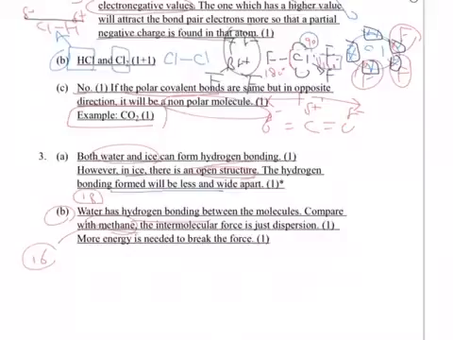However, the force types are totally different. Water has hydrogen bonds, but methane has just dispersion force. So more energy is needed to break the force. So of course, the melting point or the boiling point of water must be much higher than methane. So, of course, you need to compare with similar molecular mass, otherwise it's not fair.